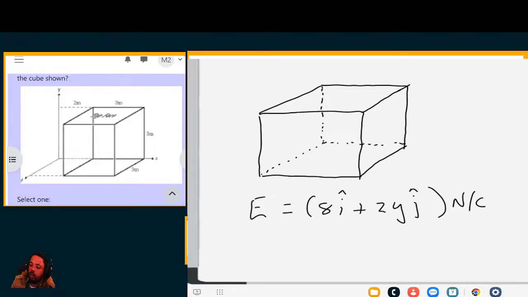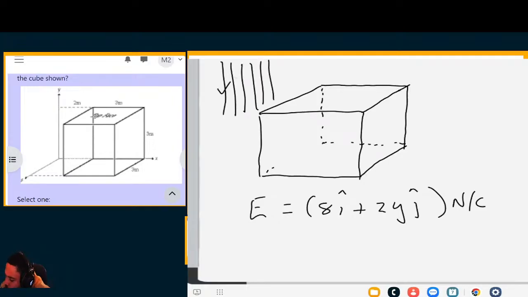Now they tell you that if you want to know specifically what the field is at a certain height, let's say it's going down like this. Rather, this is not non-uniform, it's a uniform field. Imagine those lines are parallel.